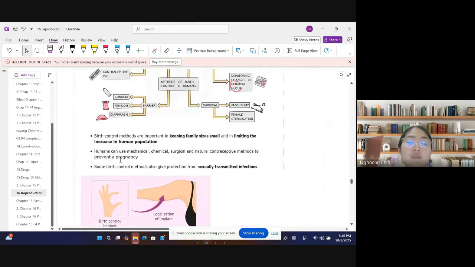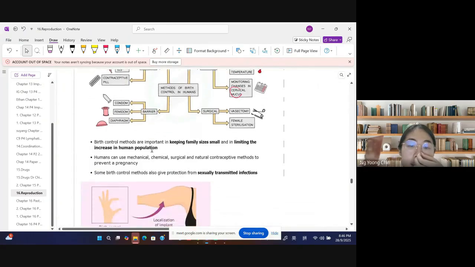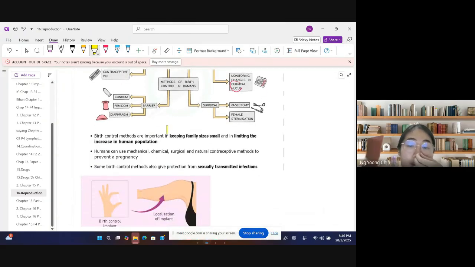What is important about birth control is that it helps keep the family size small and limits the increase in human population. Do you know why? Nowadays, if you want to have a baby, you need to prepare a lot of money to have a child.